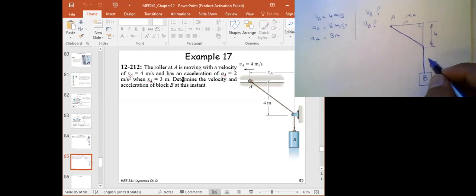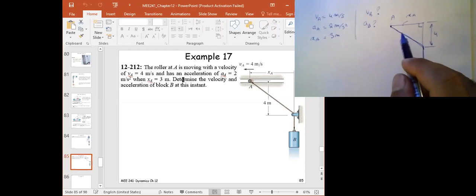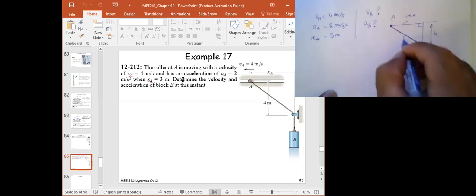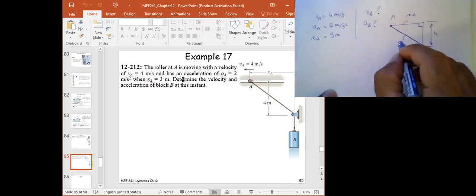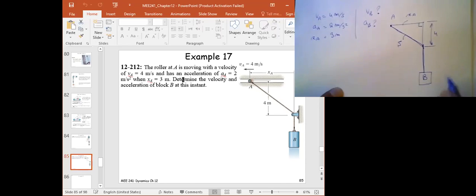So maybe we can try to set up a Pythagorean relation here. Let's call the distance from here to here S. Then that distance here is going to be equal to what? The length of the cable, L0 minus S. You guys agree?